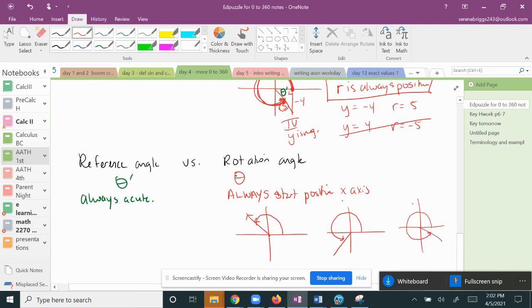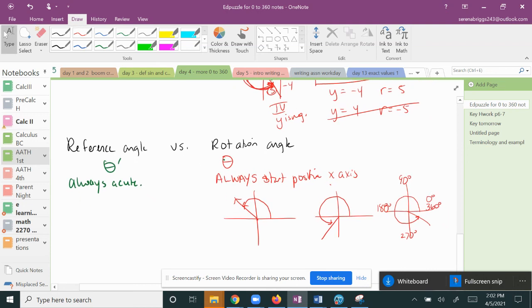Here's 90 degrees. Here's 180 degree rotation. There's 270 degree rotation, and there's 360 degree rotation or 0 rotation, depending on how you think about it, right? So remember that for rotation angles, they can be more than 90 degrees, depending on what quadrant they end in.